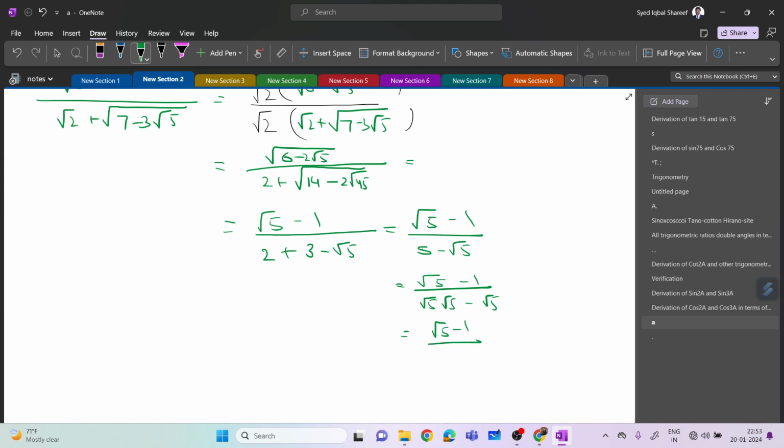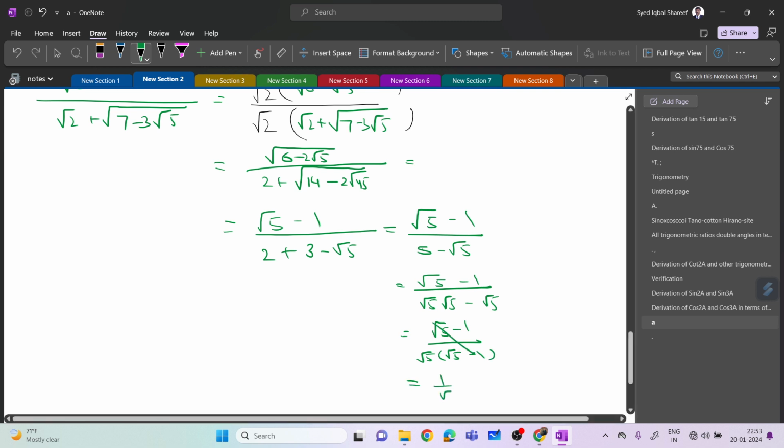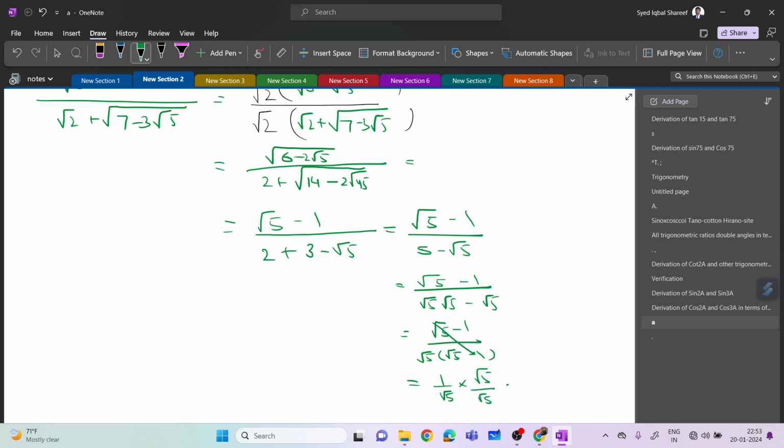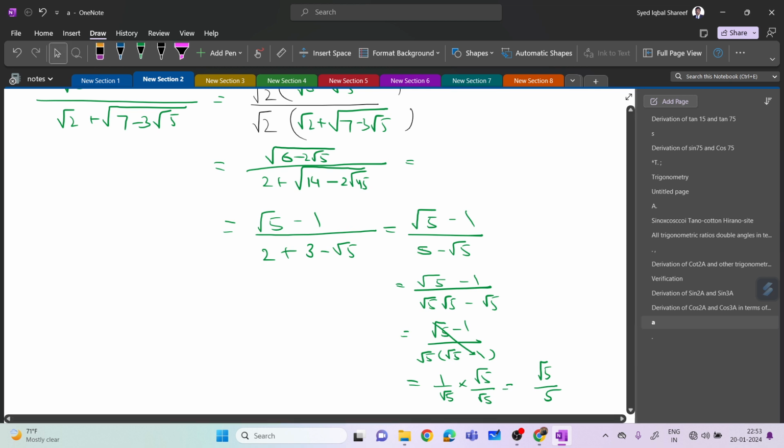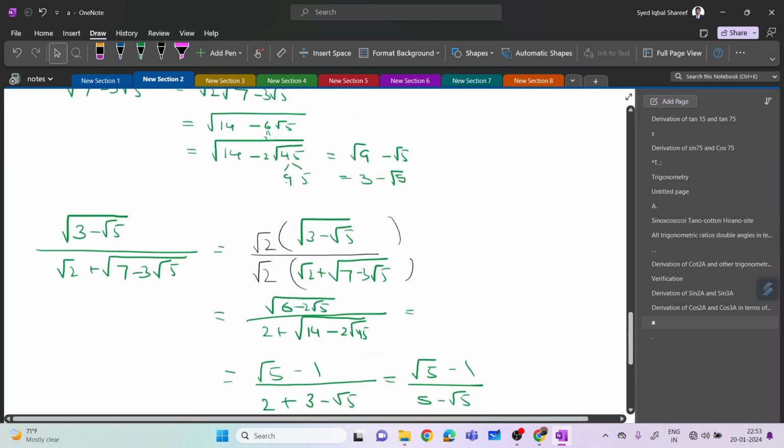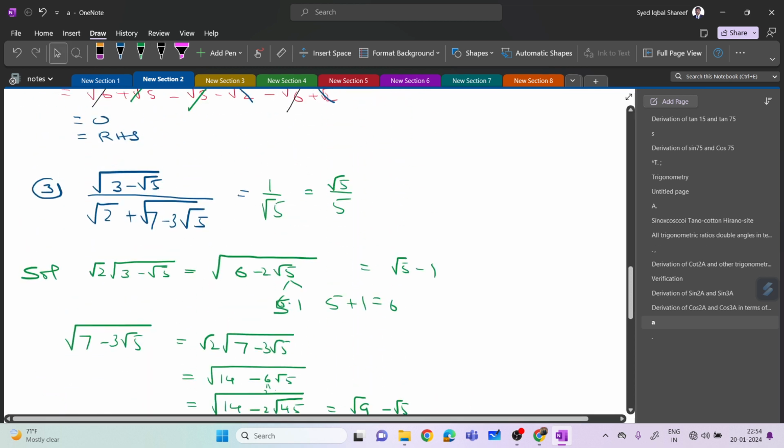If you take root 5 common, here root 5 minus 1 cancels, giving 1 by root 5. But the rule says you can't keep root 5 in the denominator as it is. So dividing the numerator by root 5, root 5 by 5 is the answer. Okay, this we have done.